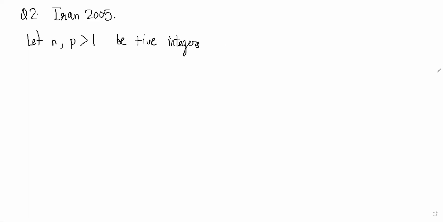This is from Iran 2005, the Maths Olympiad in Iran. So let's look at this one. Let n and p be positive integers greater than 1, and p is a prime.